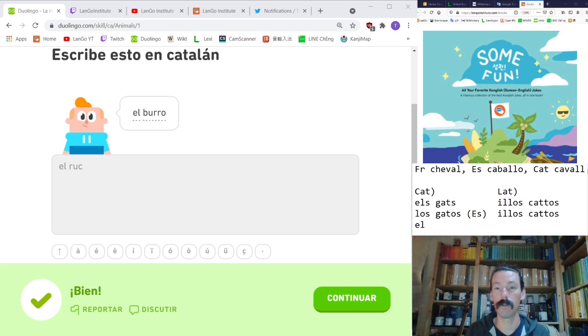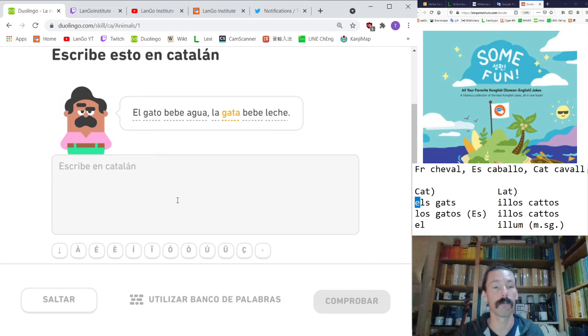El in either language was in Latin illum. So that's the masculine singular form. And also accusative. So again, you see this lowering from an E, a high vowel, to the mid position, eh.